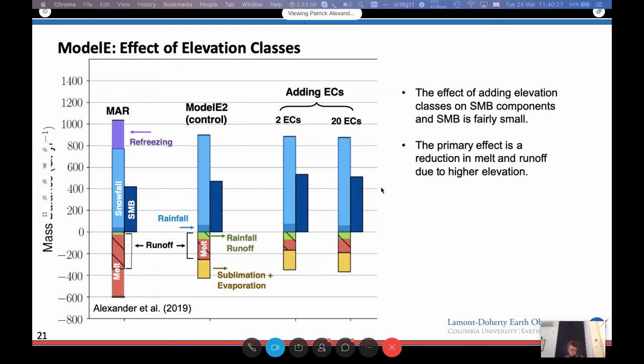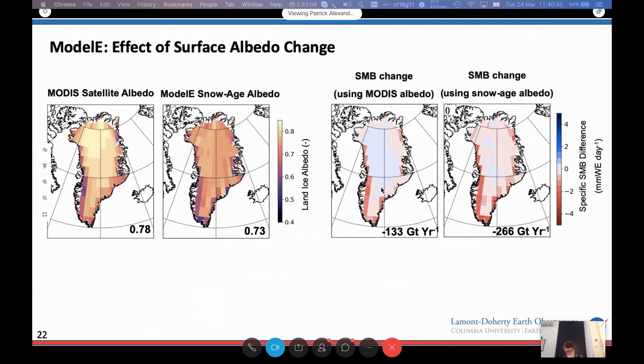So we also did some experiments with changing surface albedo. In place of the fixed ice sheet albedo, we replaced it with MODIS satellite-derived albedo. And you can see that the average albedo for the ice sheet is pretty close to 0.8, but there's also quite a bit lower albedo on the margins of the ice sheet.